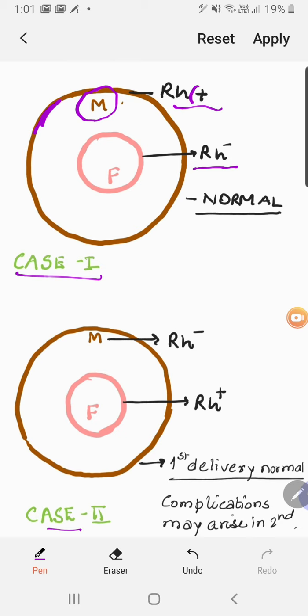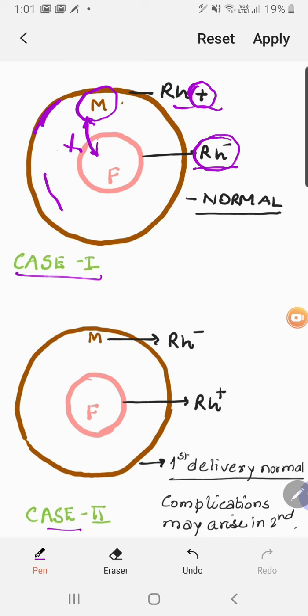That means mother has an extra factor on her RBC surface, but the fetus does not have that extra factor on the RBC surface. But there will not be any complication here, because when you will be studying reproductive system, you will come to know that the mother's blood and the baby's blood would never come in contact.